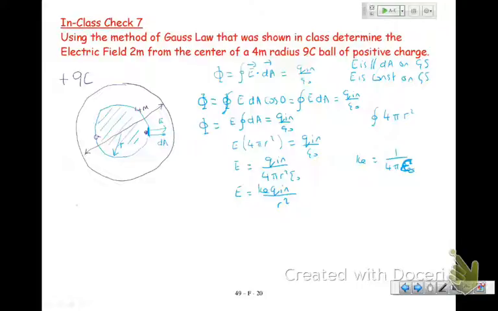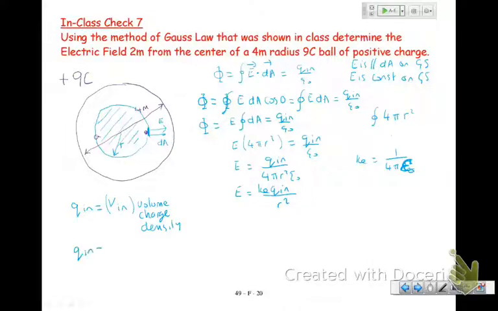So I say, well, my Q inside is going to equal my volume inside times my volume charge density.